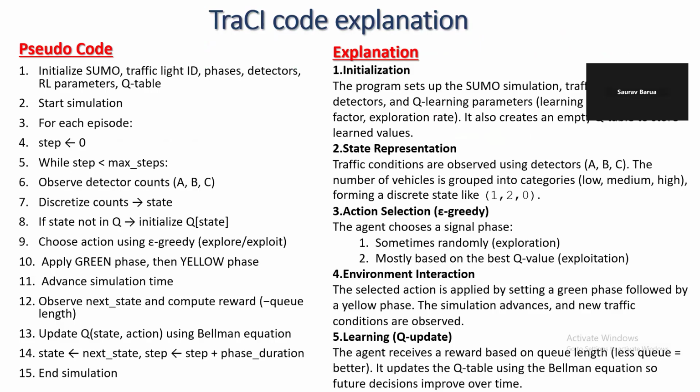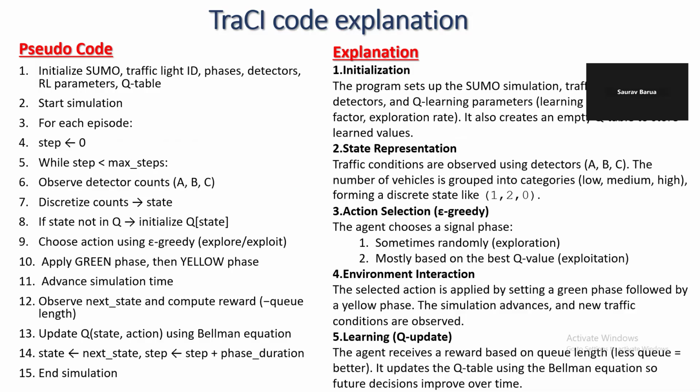Then start the simulation for each episode and step, which will run up to the maximum steps. Within each step, it will observe detector counts, grouping the detectors into three groups A, B, C, and discretize the counts into a state. If the state is not in Q, then initialize the Q state.